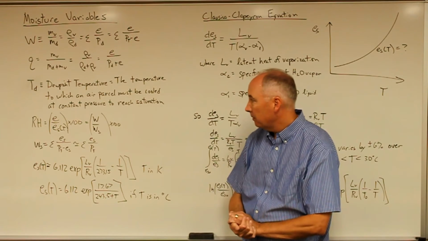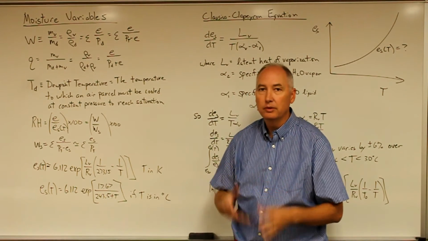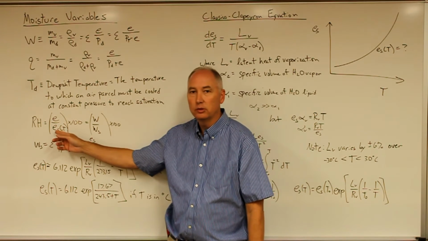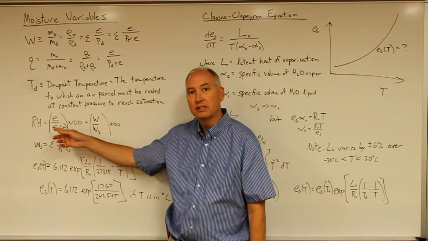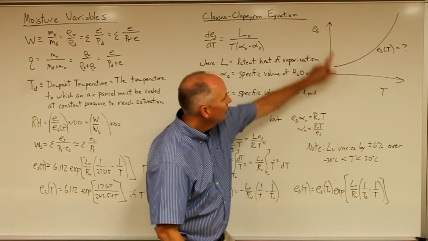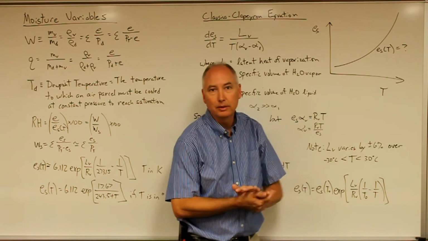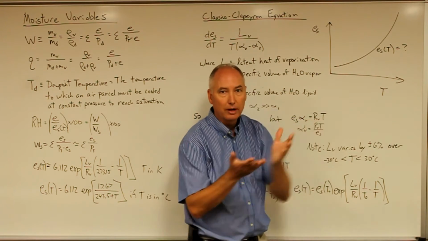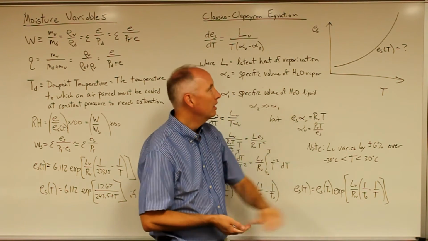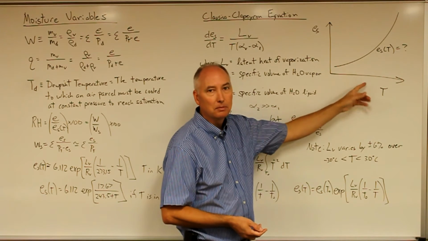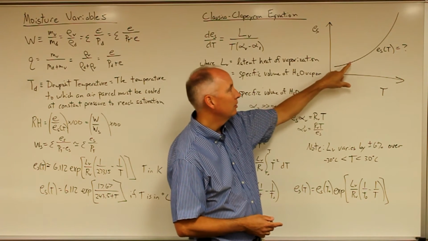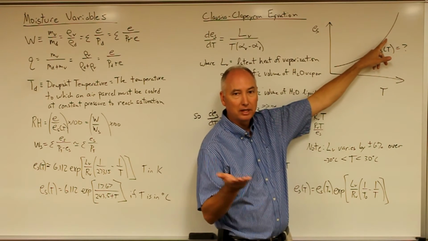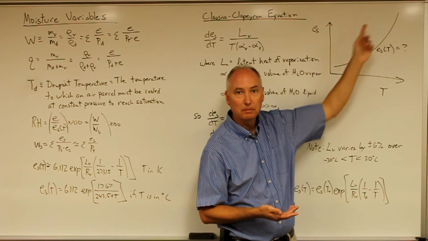So, one of the things that we want to do now is calculate what the saturation vapor pressure is as a function of temperature. In the laboratory, we've done experiments showing that if we raise the temperature over a plane surface of pure water, the water vapor pressure in the atmosphere above that surface increases exponentially.